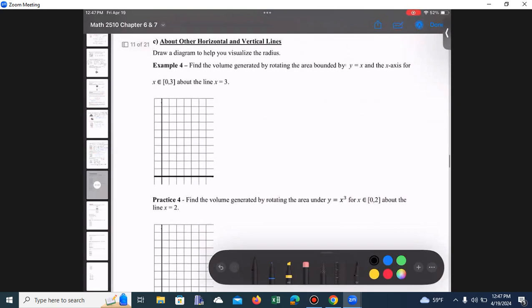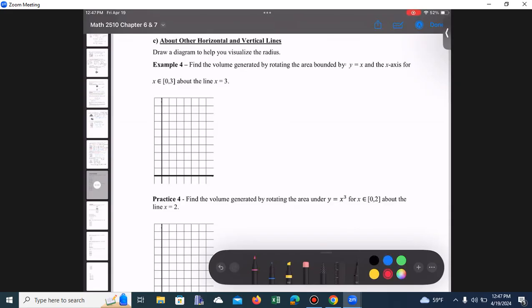Alright, so the last two problems before we get to washers look at not just going about a y-axis or x-axis, but an axis parallel to one of those. So in this case, we're going to look at x equals 3. And that's the axis we're going to spin a function about.